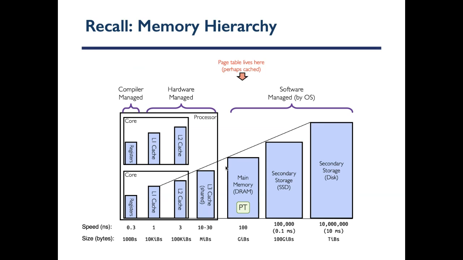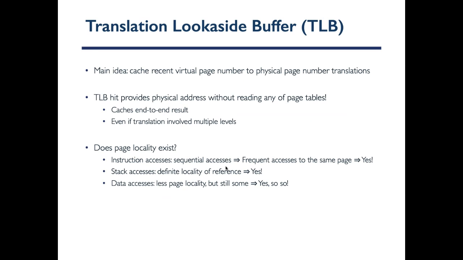A page table walk means when the hardware goes through all these levels of page table to find the translation. Now, what does it really mean to do a page walk? It means to read from memory, because the page table is in memory.